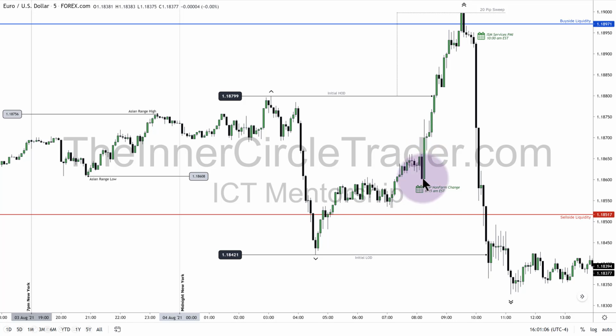So you're having an economic driver drive price higher, and it attacks the initial high of the day formed in London. That buy side liquidity pool has been taken out, it retraces, does an institutional order flow entry drill, rallies, and then sweeps the buy side liquidity pool here.